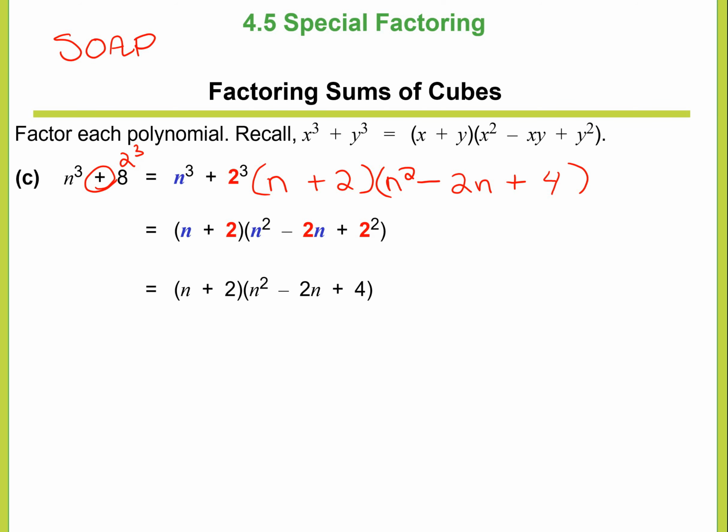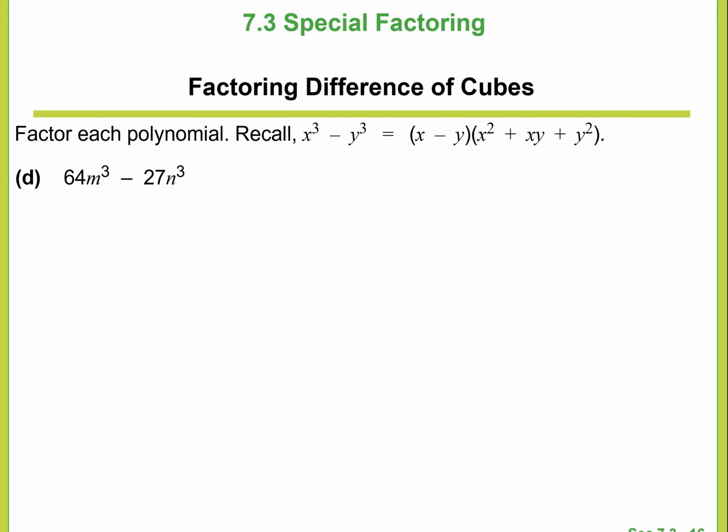All right. So now, next example, you can give it a shot yourself. So this is 4m cubed minus 3n cubed. All right, so if we do SOAP again, it's the same sign, so 4m minus 3n.